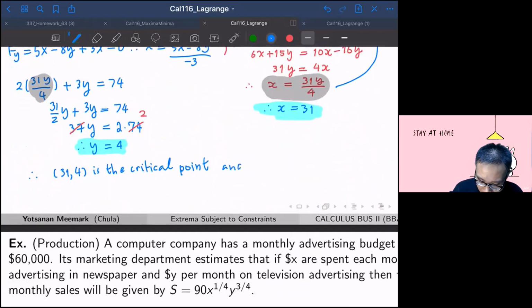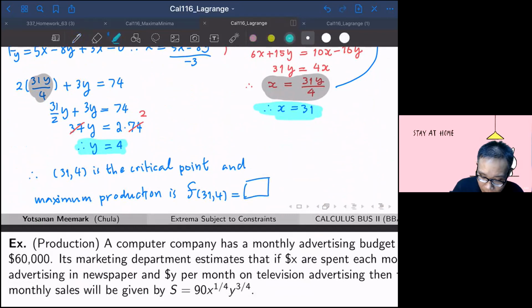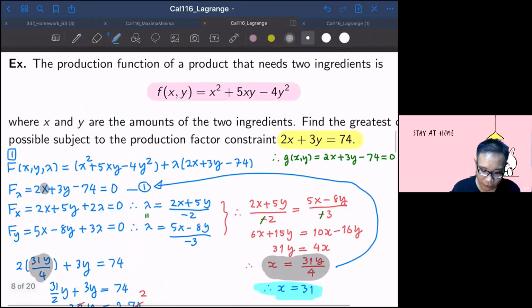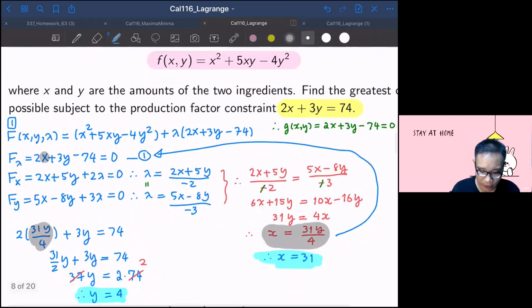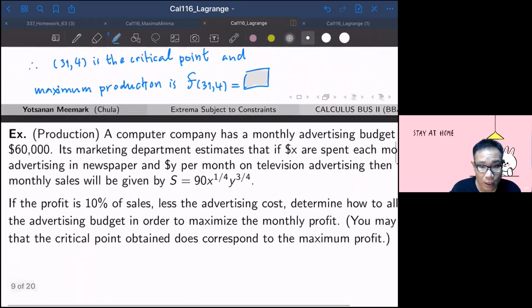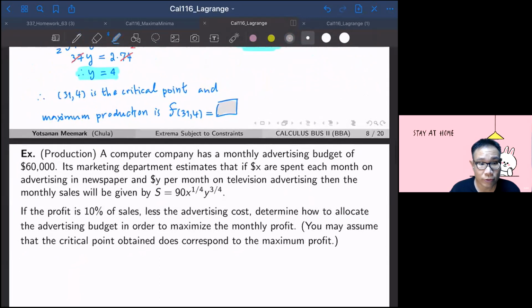The maximum production is F at (31, 4), and you compute for the value. So this one will be the final answer. You just plug into the function and you're done here. So that is the first one.